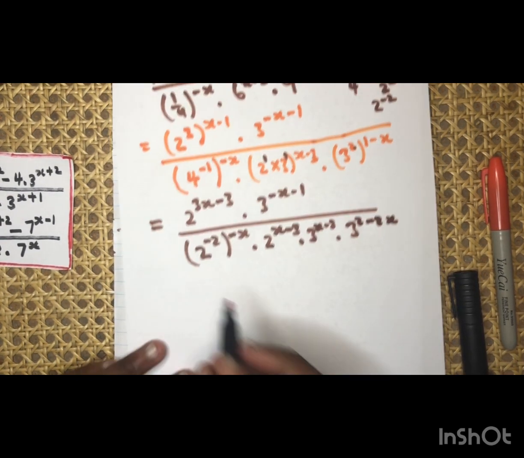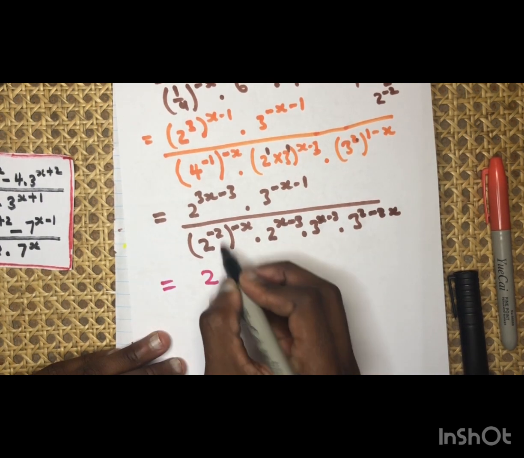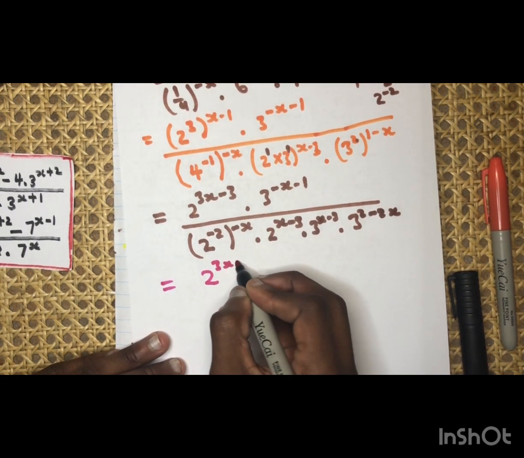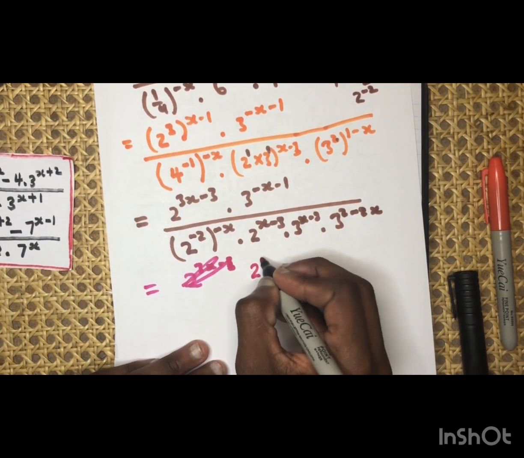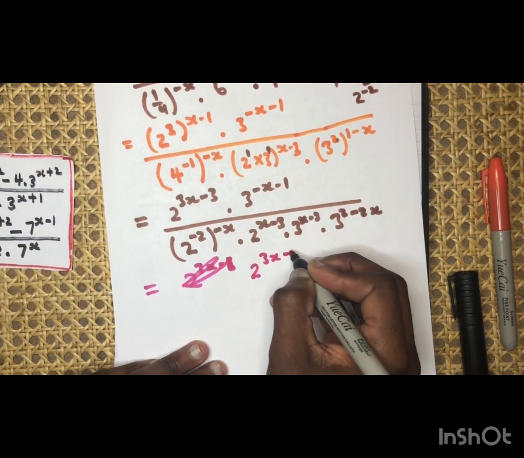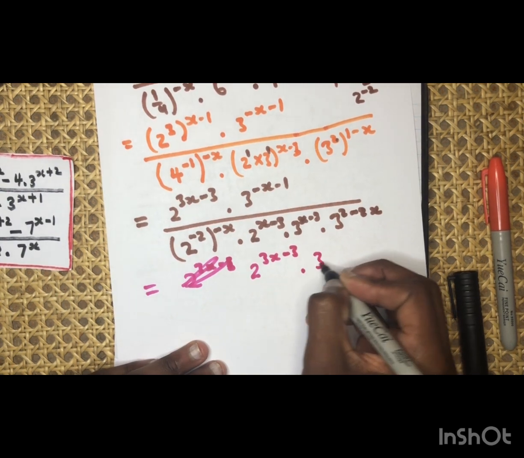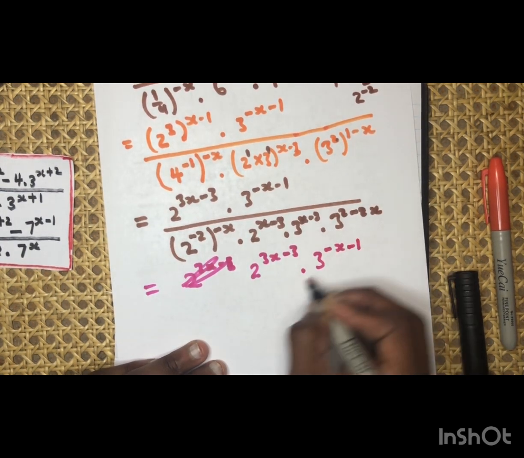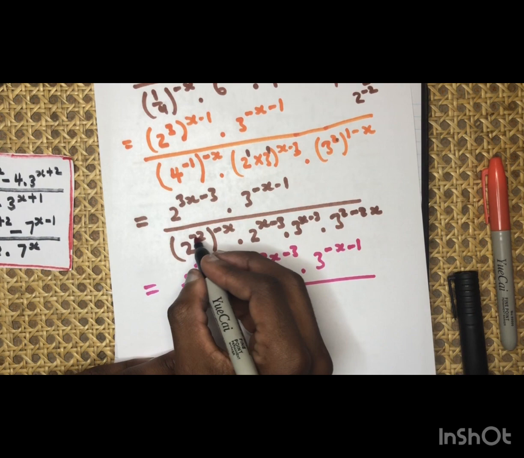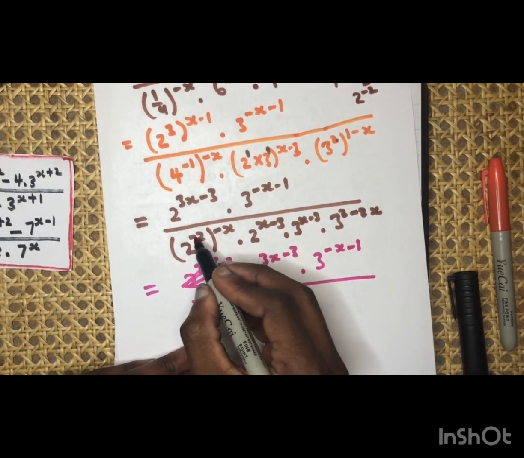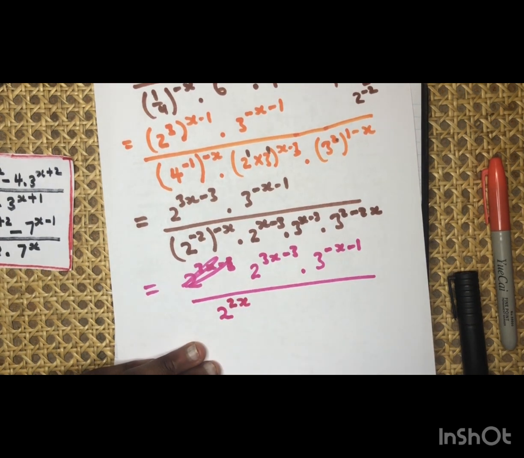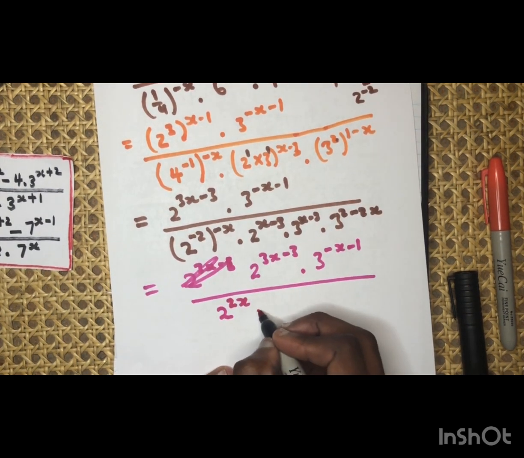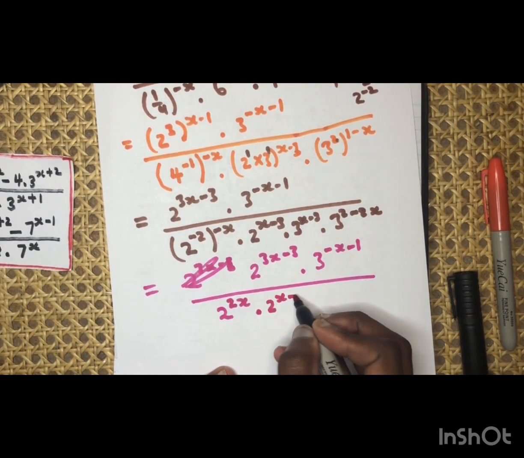All right, so we have 2, then 3x minus 3. We have 2 to 3x minus 3 times 3 minus x minus 1, over the base 2 with negative 2 times negative x, which gives positive 2x, because negative times negative is positive, times 2x minus 3.